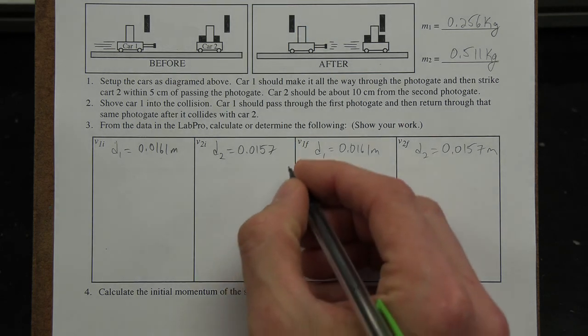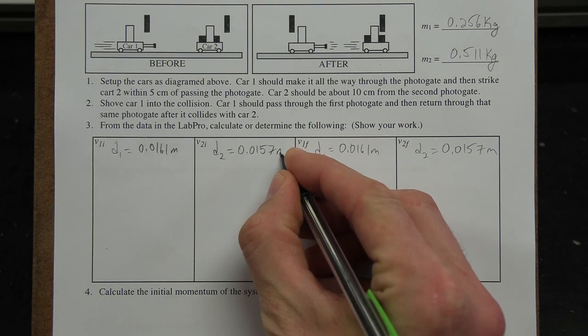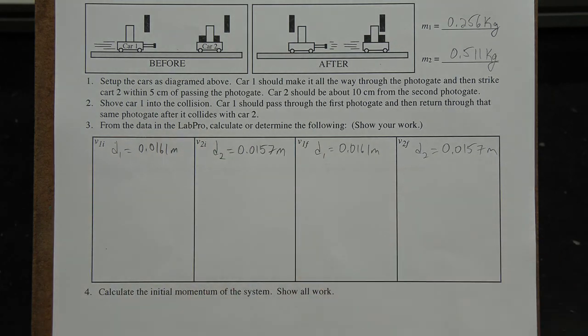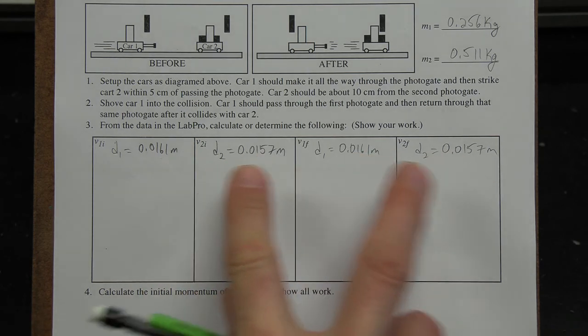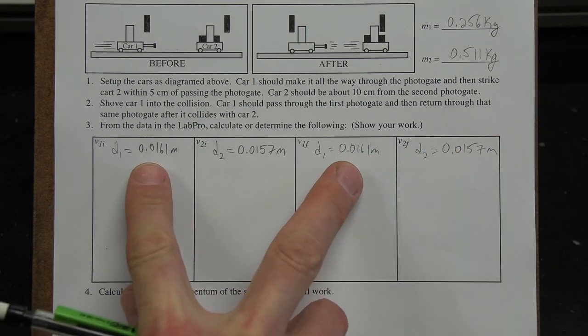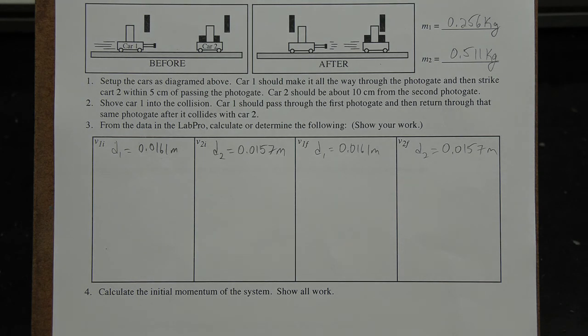So far we have our distances. You got your own from the Google Stream, for the 2 plastic strips for car 1 and car 2. Now we need the times, because you need distance and time to determine the velocity.